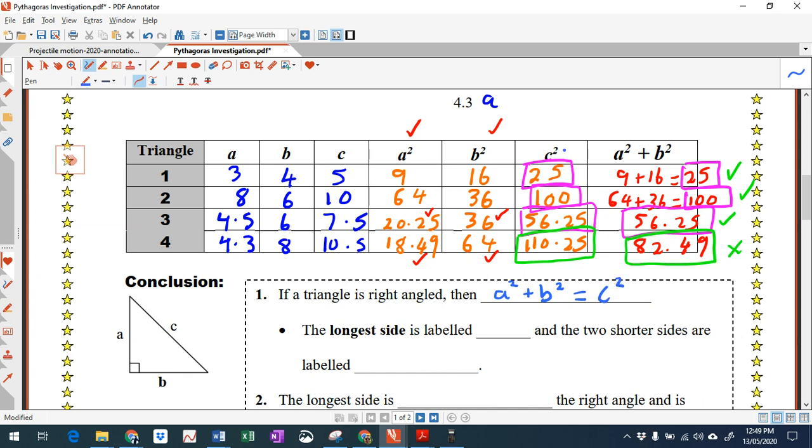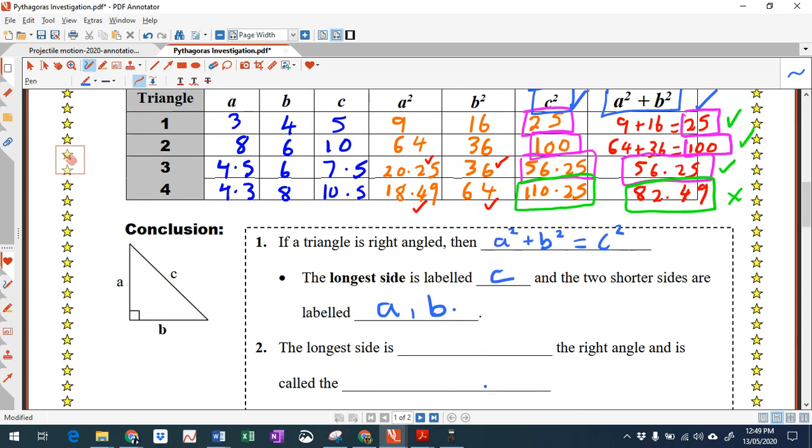If you look at the first case, the A squared plus B squared number is 25, and the C squared number is 25. So we can say that A squared plus B squared is equal to C squared. The longest side we saw is labelled C. The two shortest sides were labelled A and B.